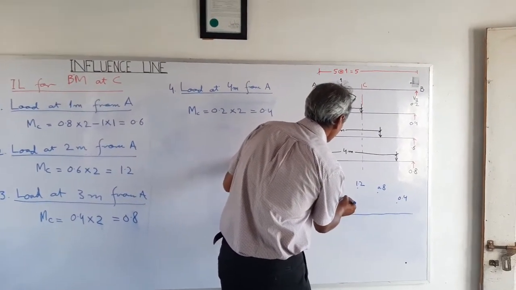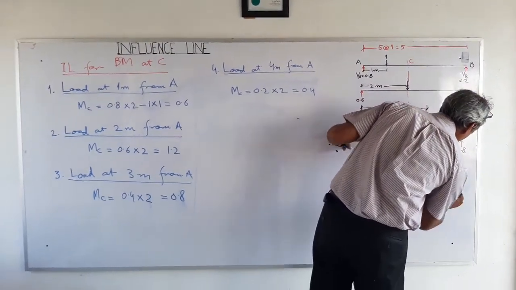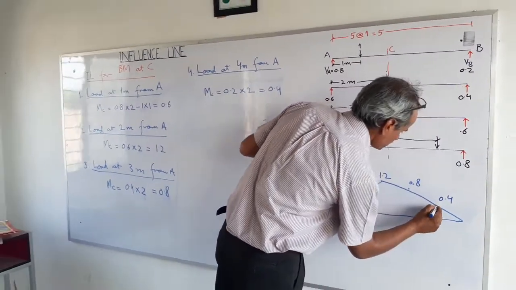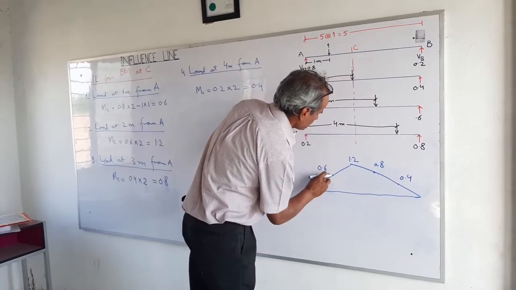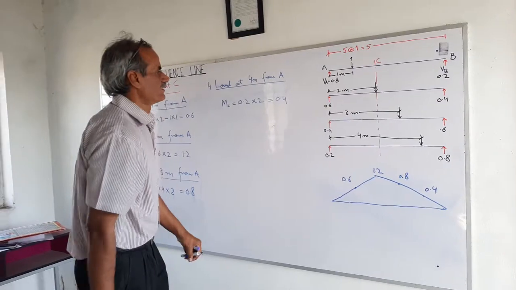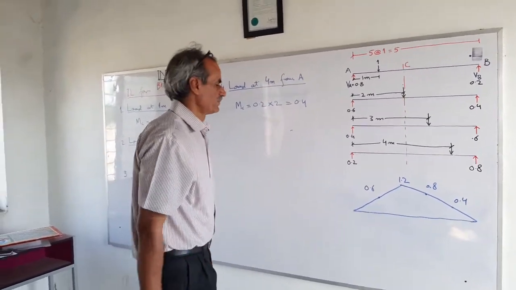If we join them, this is joined like this. So this is the influence line for bending moment at C.